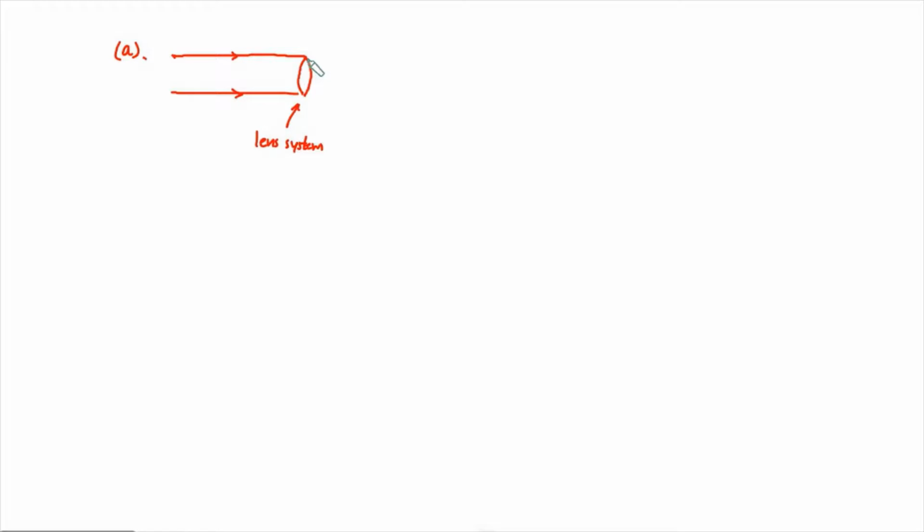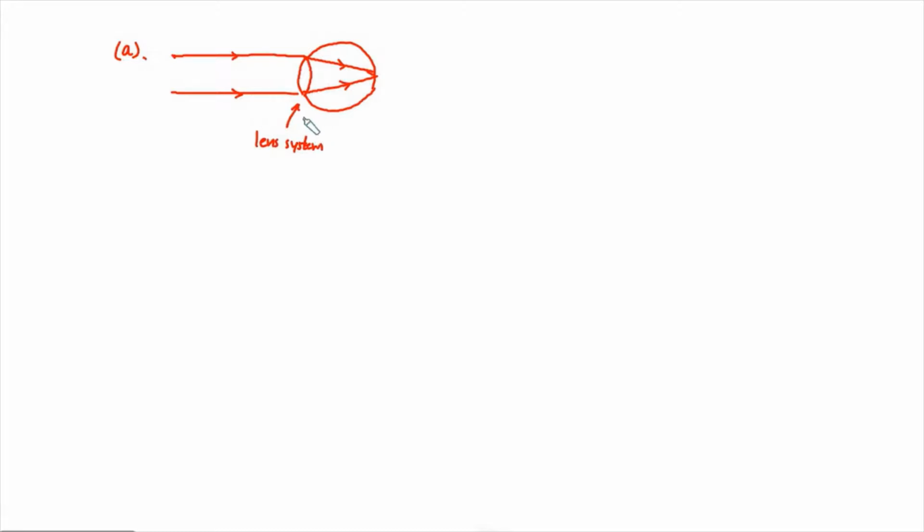And then what's going to happen is that, in order to see the object, so I'm showing you the cross section of the eye, this light will refract and fall on the retina. Otherwise we won't be able to see that object. So they are going to fall exactly right on the retina. Then we say we can see the image of that object.